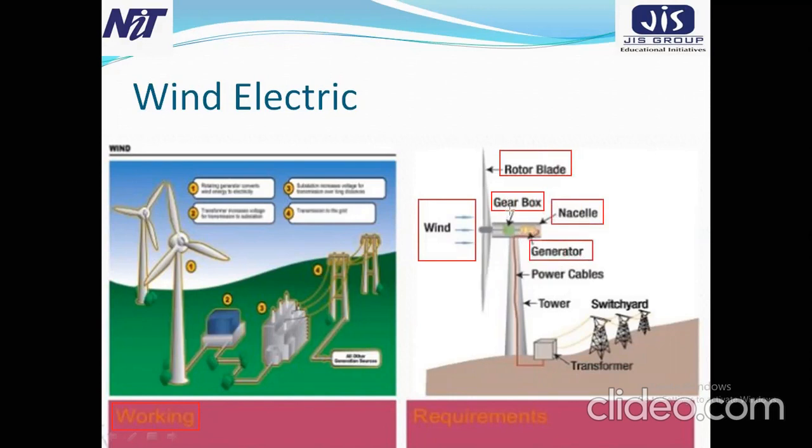After generating the power, it comes to the power cable, and then this part is called the tower, and with the help of the transformer, the power flows to the switch here. So this is the very basics of wind power.